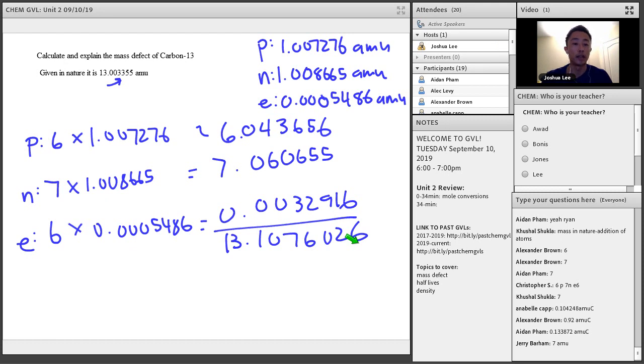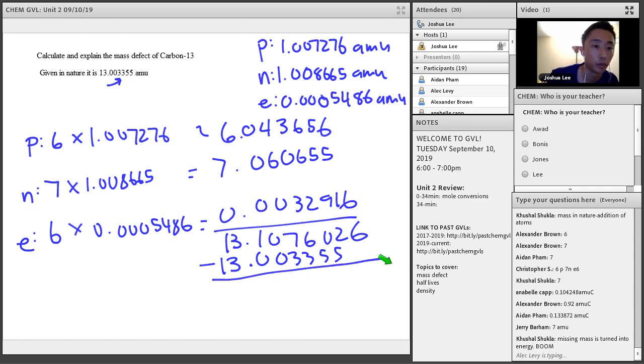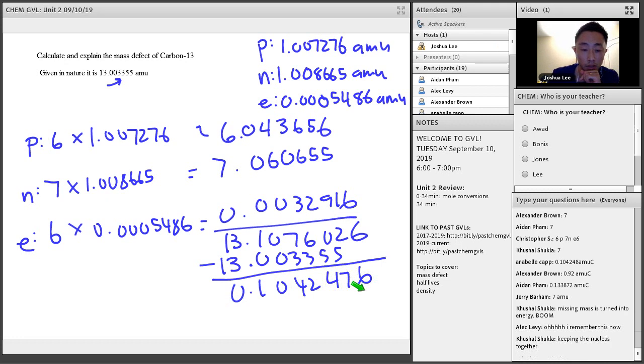So you subtract the actual, so minus 13.003355. And then just like Annabelle said, we get 0.1042476. But with the correct number of sig figs, 1, 2, 3, 4, 5, 6 passed.